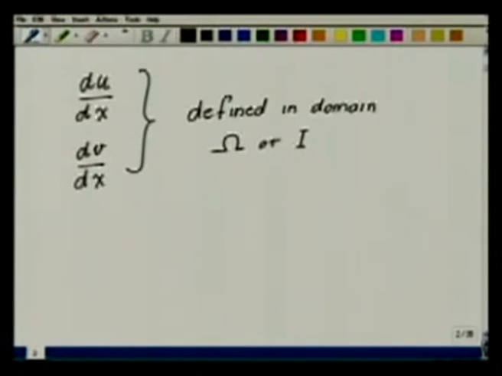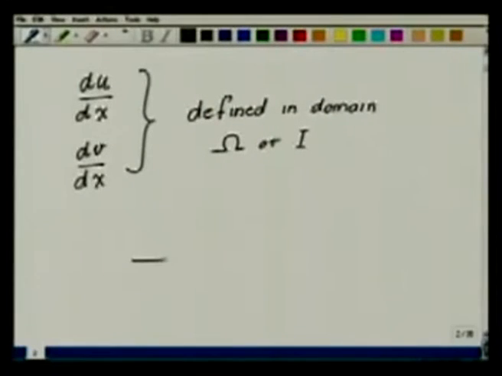So, what are the roughest or the least smooth of these functions u and v for which du dx and dv dx will be defined? The answer is very simple. If you look at this domain, du dx and dv dx being defined means that they can be like this.